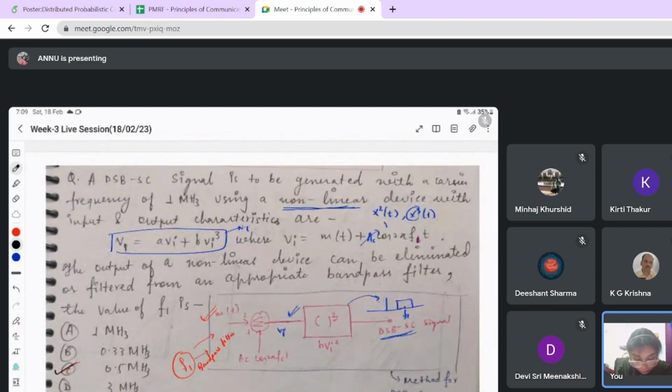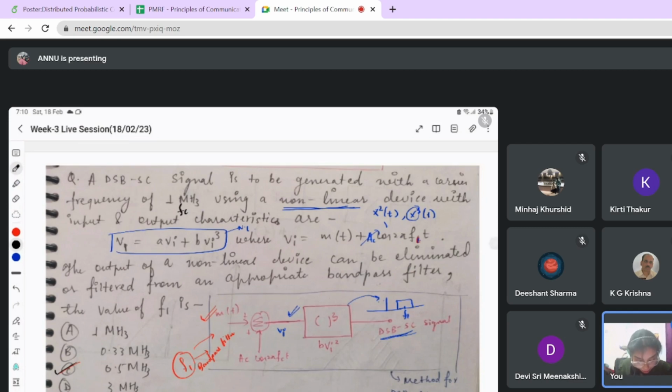So here in this question, a DSB-SC signal is generated, and a method is given. This is one of the methods an IIT professor thought of and wrote in the GATE exam. With a carrier frequency of 1 megahertz, which is the fc frequency, a non-linear device is used with the given input and output characteristics, and the output of the non-linear device can be filtered with an appropriate bandpass filter.